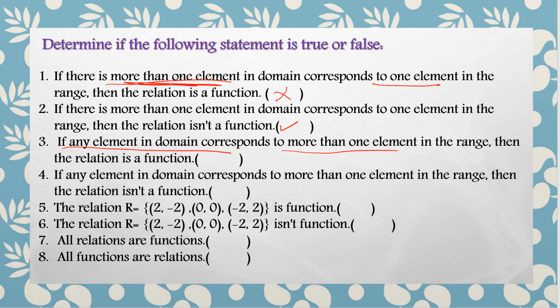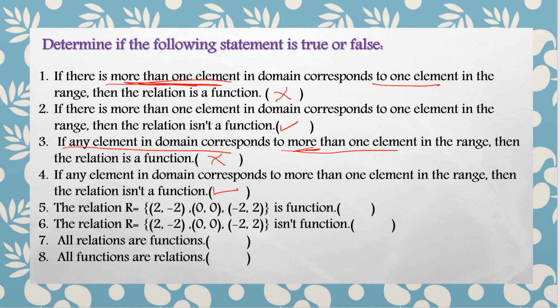This is false, because each element in domain should correspond to exactly one element, not more than. Statement 4, if any element in domain corresponds to more than one element in range, then the relation isn't a function. Also, this is true.